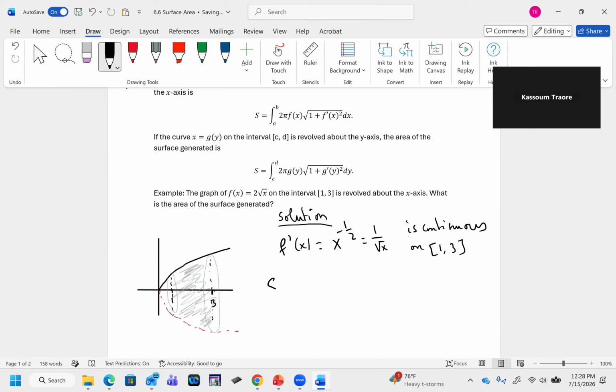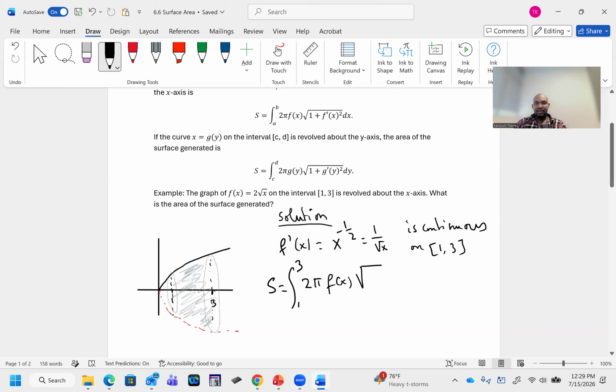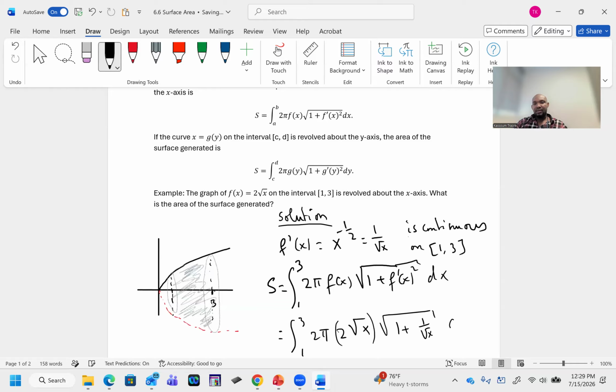Then to find the surface area, S will be equal to the integral from 1 to 3, 2 pi times f of x times the square root of 1 plus f prime of x squared dx, which in our case will be the integral from 1 to 3 of 2 pi times 2 square root of x times the square root of 1 plus 1 over square root of x, dx.